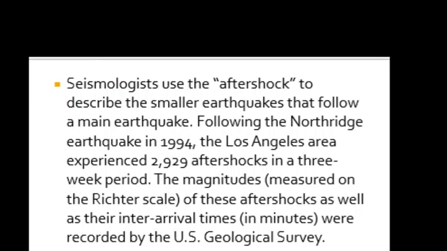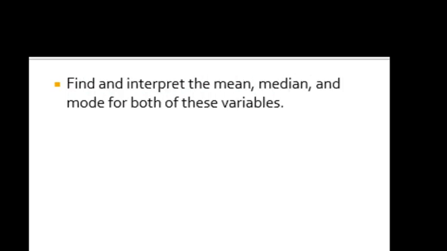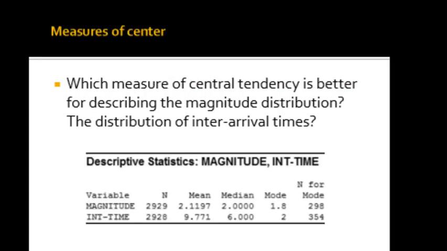We have measurements for magnitudes of these aftershocks, and then we have inter-arrival times recorded by the US Geological Survey. We want to find the mean, the median, and mode for both these variables and then interpret those. And then we have to figure out which one is a better measure for describing the center of these two variables. For getting the descriptive statistics, we use a computer program.